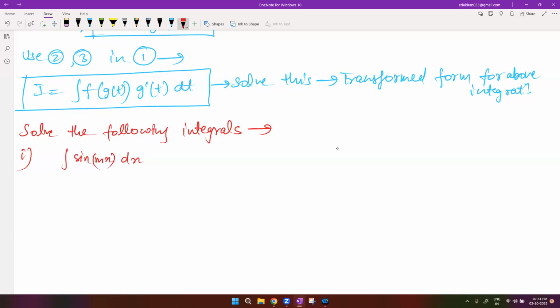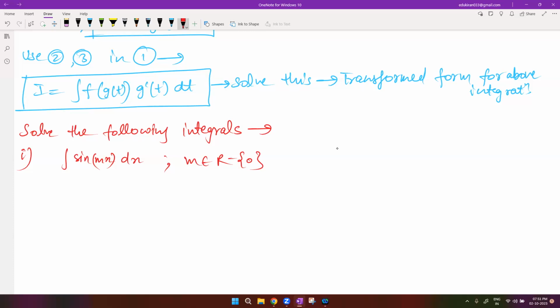So your angle x is changed with mx, where m is a real number except 0. So m is a constant. Now we do know the integration of sin x, but we don't know the integration of sin mx. If our x is multiplied with some constant, how should we approach this?